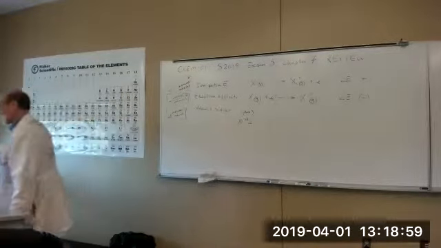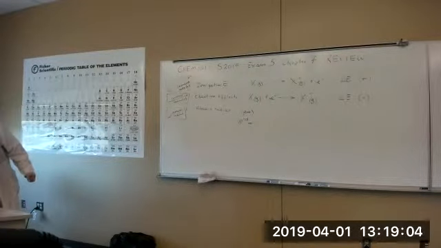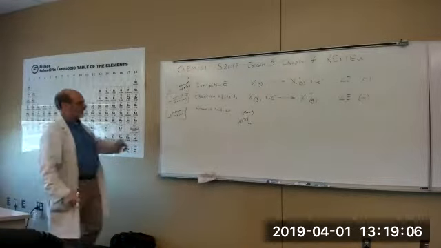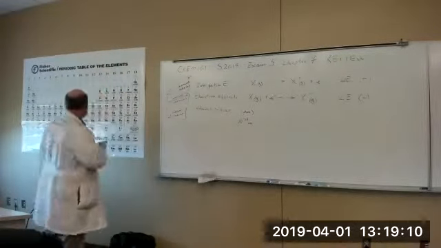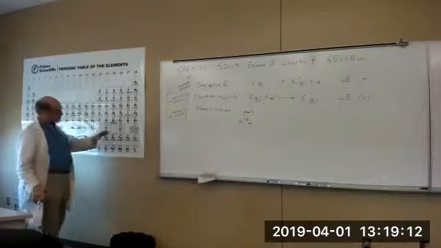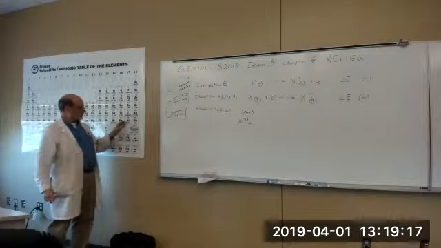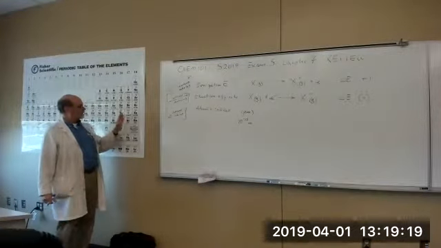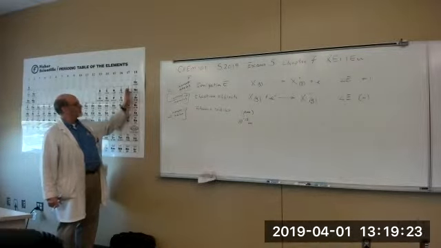Now, why does that happen? Why do these things happen? Okay? Let's go back to ionization energy. Why does it take more energy to expel an electron as you go up? The reason for that is you're getting closer to the nucleus.